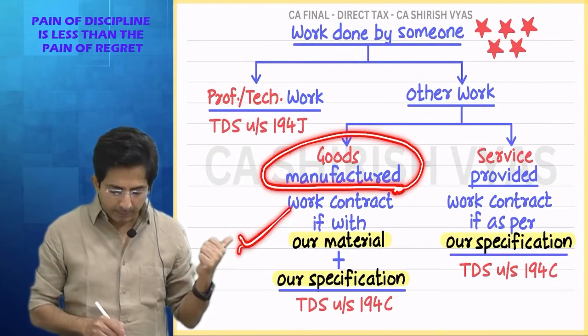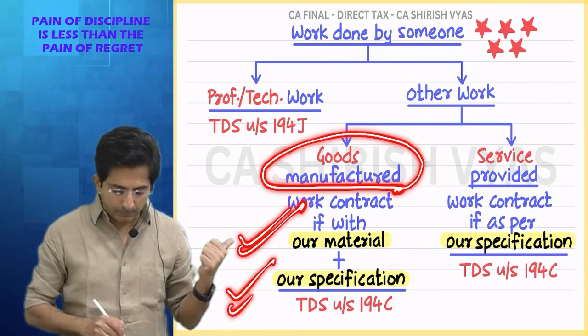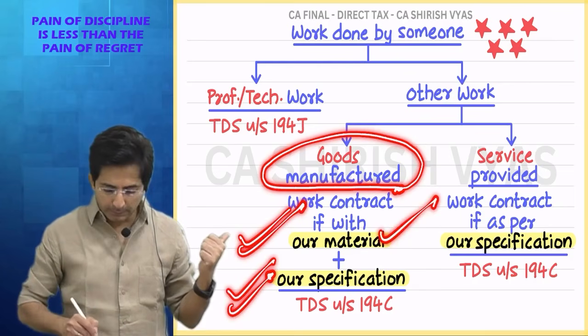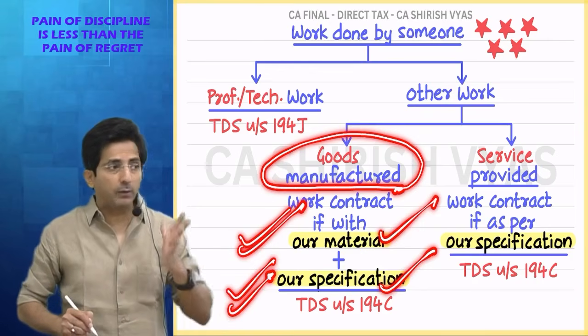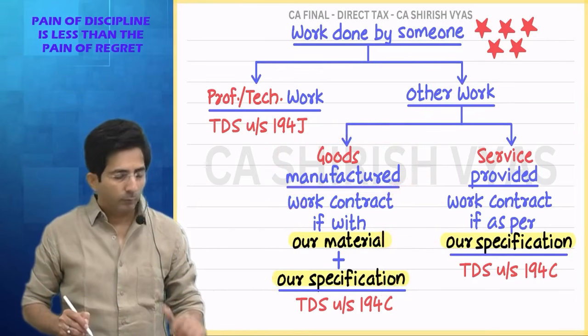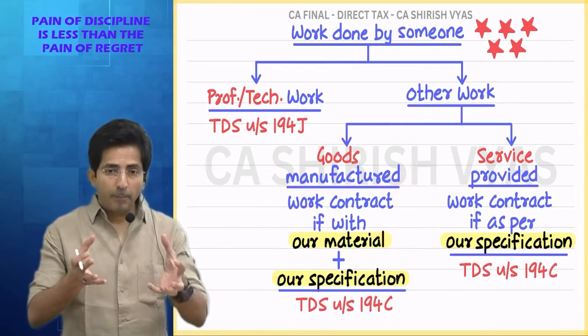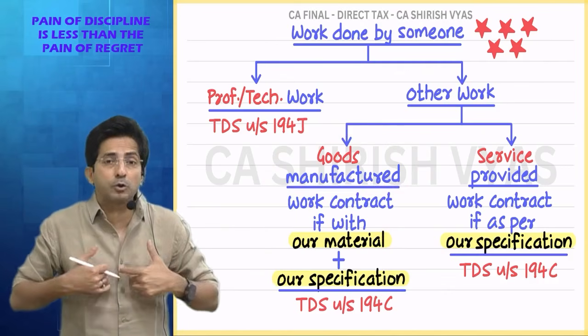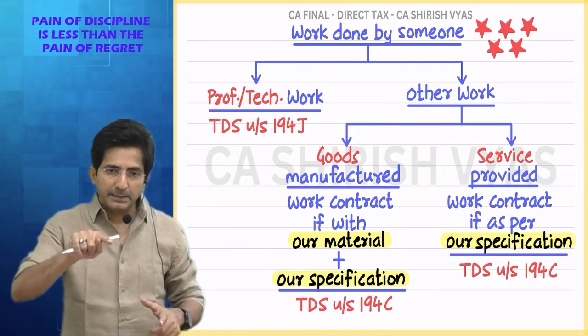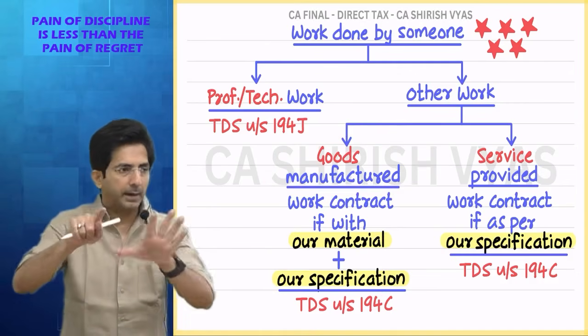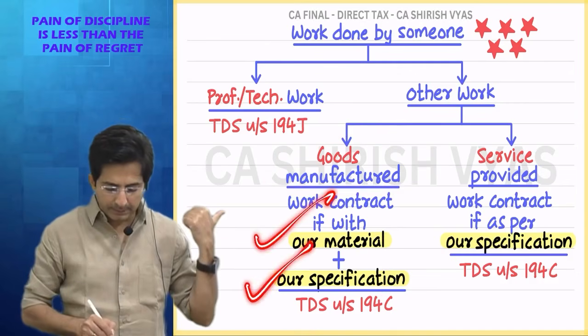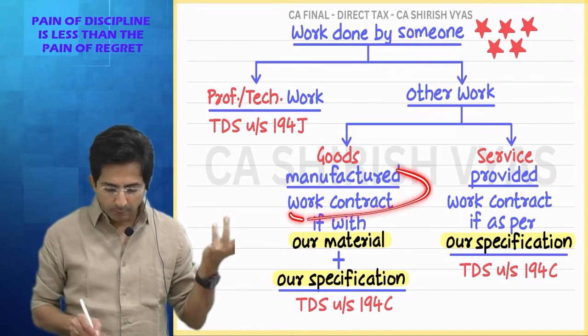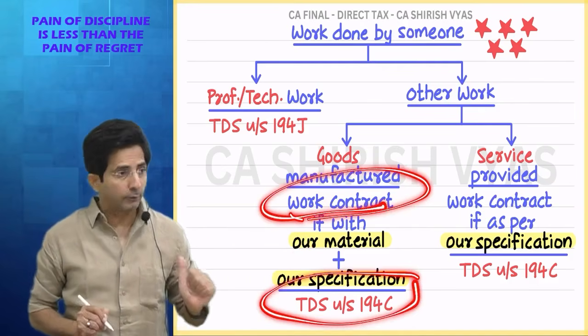If it is our material plus our specification, if both the conditions are satisfied, then only it's a works contract. What are the two conditions? The raw material for the product should be supplied by us, either by us or our relative. And the specification should also be provided by us. If both the conditions are satisfied, then we call it a works contract, then TDS under 194C.